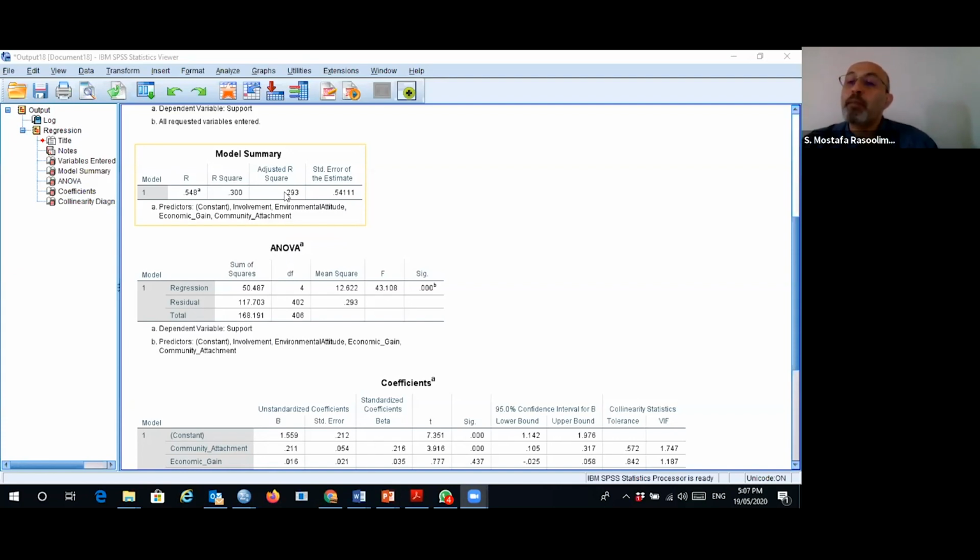And there are many more variables that influence support, but we didn't include them because we don't need to include these variables in our research, right? So for behavioral science, the value of 0.3 is actually high. Higher than 0.2 can be considered high in behavioral science. So this is the interpretation of R square.